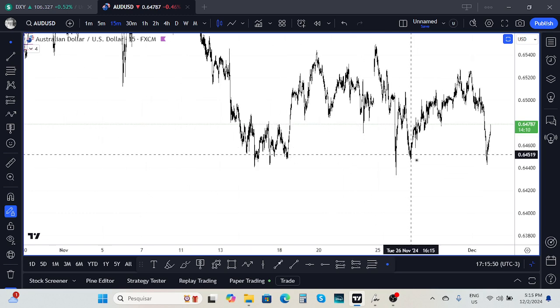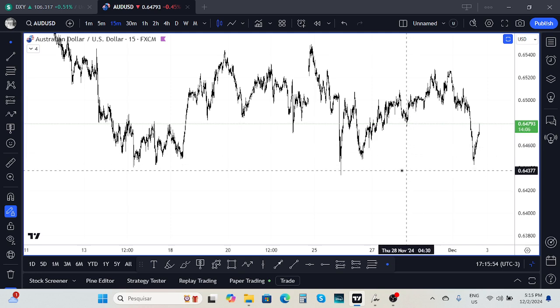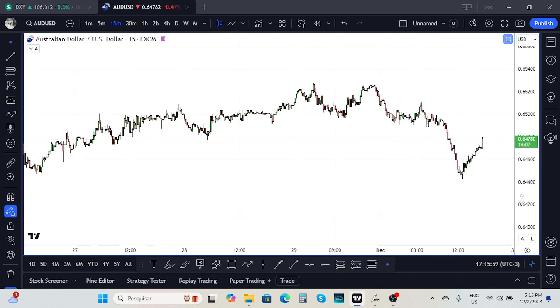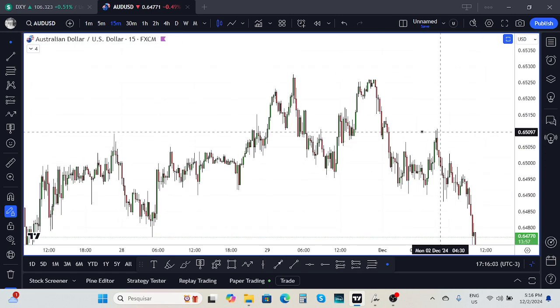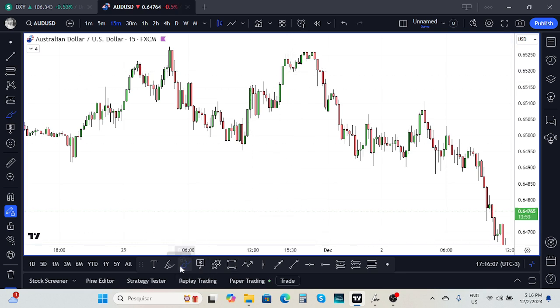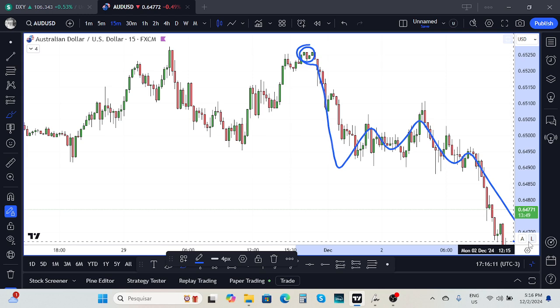So if I were trading on the AUD USD 15-minute chart, the majority of the time I will be looking to sell the market. For example, I will look for how I'm going to sell the market from this level all the way to the downside.